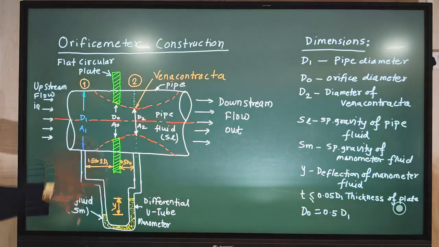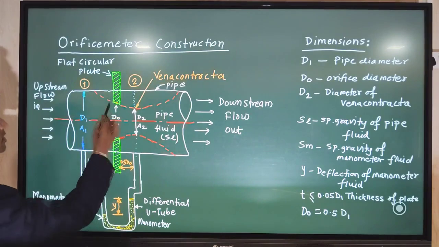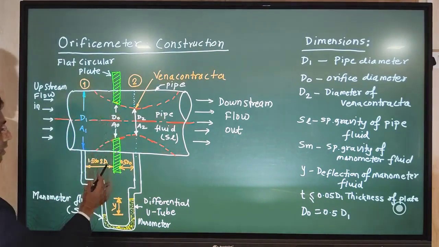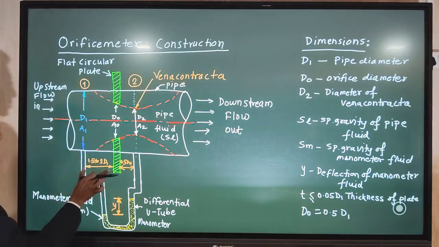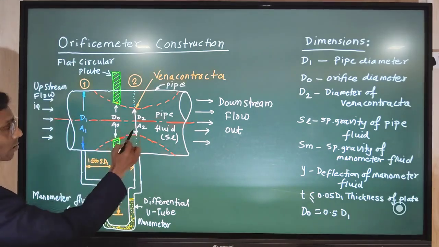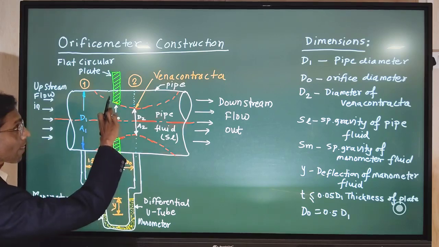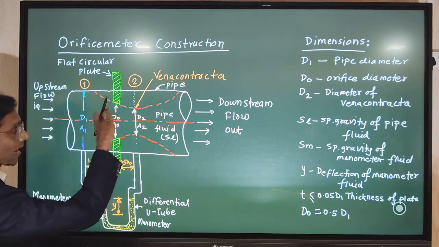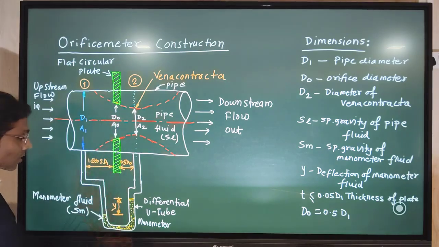So these are all the dimensions. The location of this flat circular plate is at 1.5 to 2 times the pipe diameter, and the vena contracta is generally obtained at half of the orifice diameter, that is 0.5 times D0.